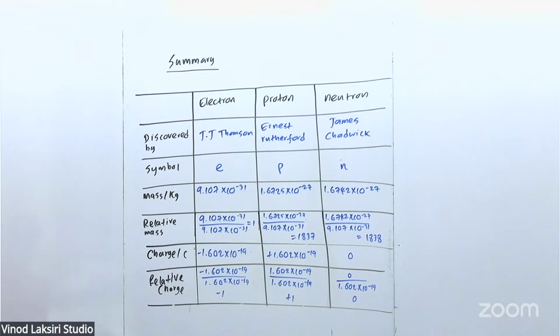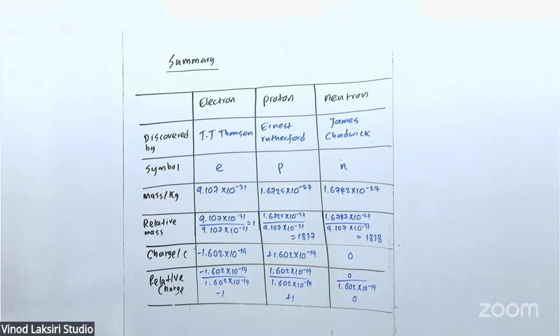Proton discovered by Ernst Rutherford. And neutron discovered by James Chadwick. The symbol of electron simple E, proton simple P, neutron simple N. And the mass of electron 9.107 into 10 to the power minus 31 kilogram, proton 1.6725 into 10 to the power minus 27 kilogram, neutron 1.6742 into 10 to the power minus 27 kilogram.